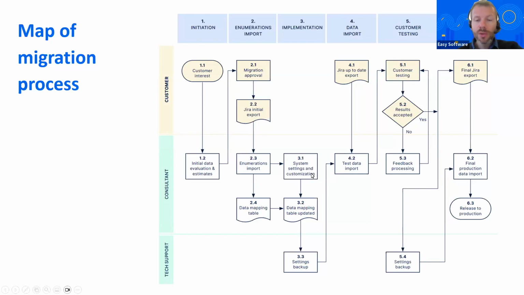Once we do that, there is a place for the test import, right? Then we can import the data itself, which means projects and tasks. We will import it, and afterwards there is a phase for customer testing. Now you have to cross-check if the data were imported well. There could be some exceptions, especially regarding add-ons, right?